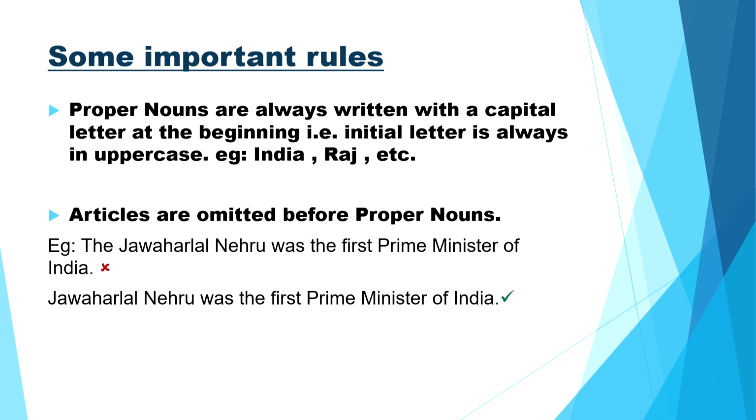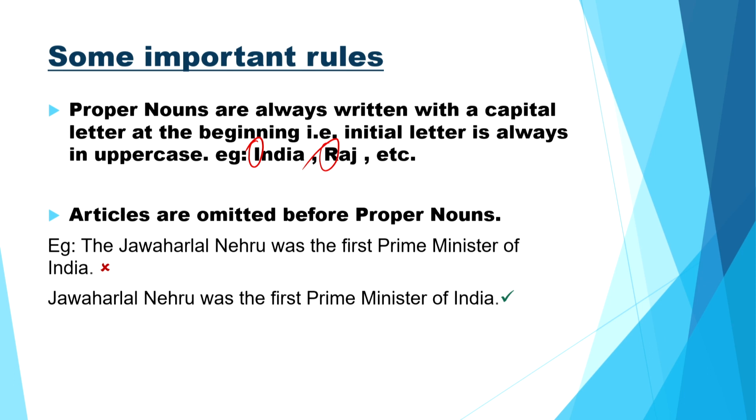Now, some important rules associated with proper nouns and common nouns are: proper nouns are always written with a capital letter at the beginning, that is, the initial letter is always in uppercase. For example, India, Raj. All these are in capital letter. They always start with a capital letter in the beginning.